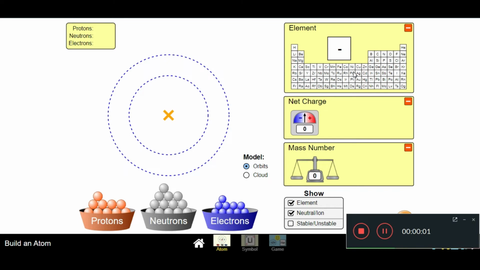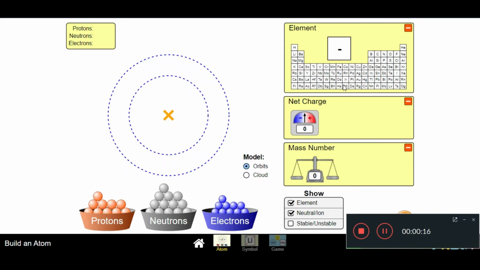Okay everyone, now I have already opened a simulation from PhET entitled Build an Atom. Here I would like to show you a simple atomic model.